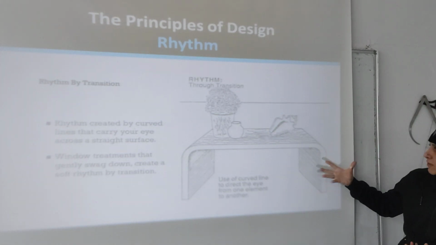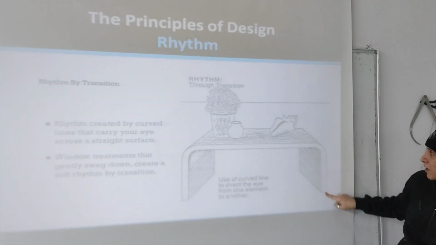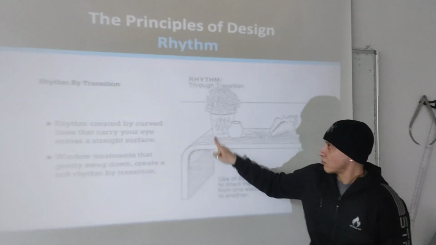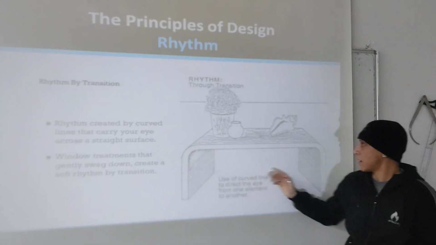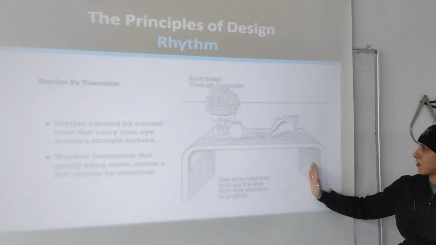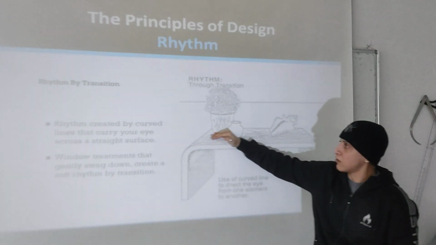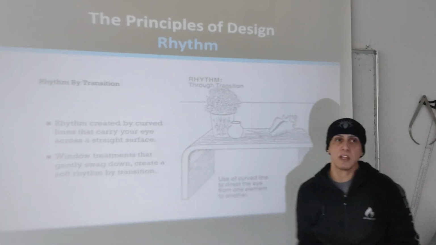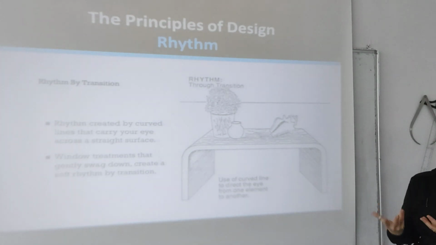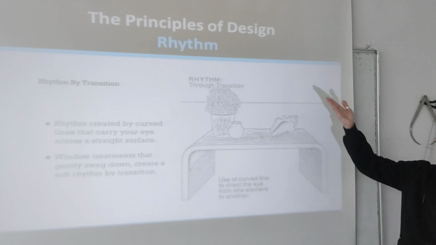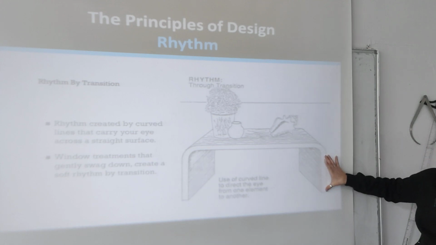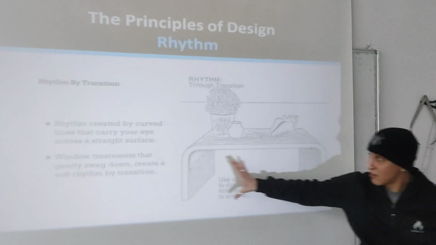Also, if you see it as shapes, look at this shape here. This is the same here, and here a longer rectangle. But if you look at the table as a design, my eye goes smoothly in transition from here to here. So we have a rhythm by transition. There is repetition. Where is the repetition here? Because we said we need to have repetition to have rhythm. Well, this line is repeated here.